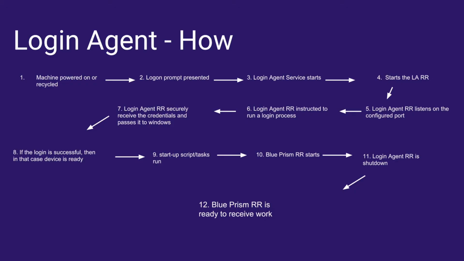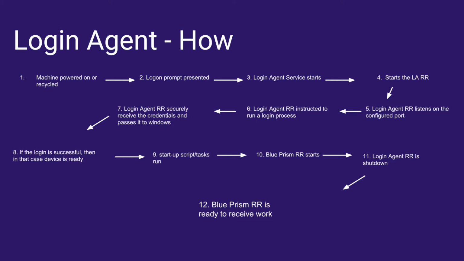This slide, showing how a login agent works, is from my earlier video. The only difference here is that I have numbered the steps, which will help me explain it in a better way in my next slides. In terms of steps, this slide is the same as in my last video, just the numbering is different.